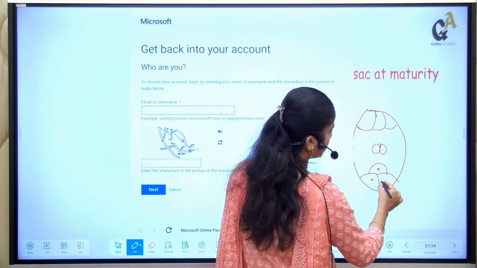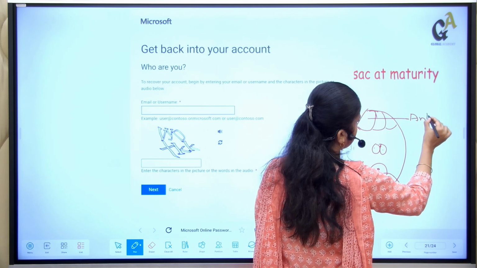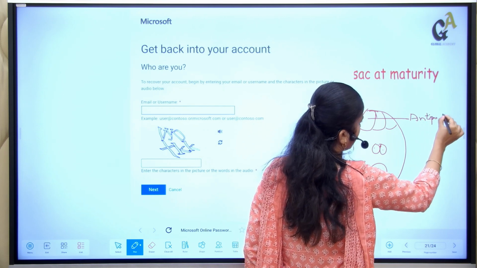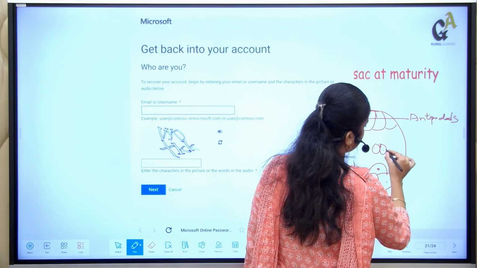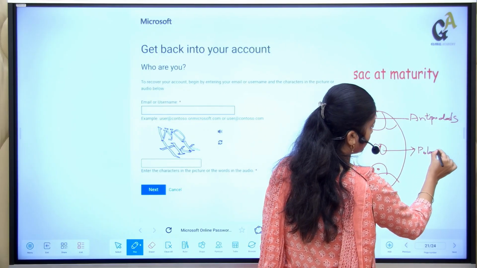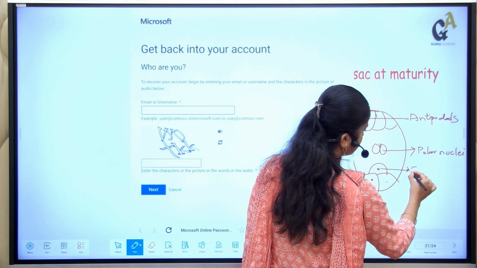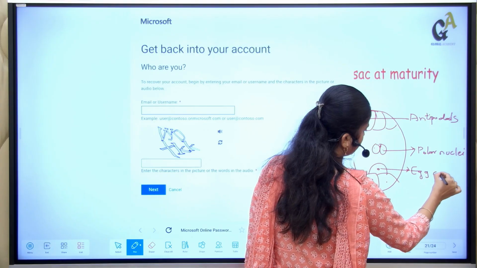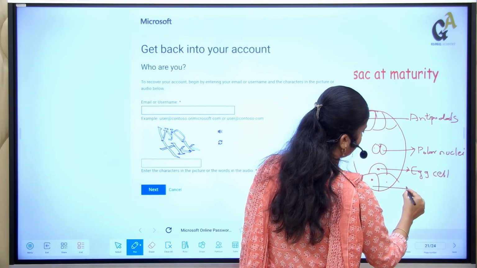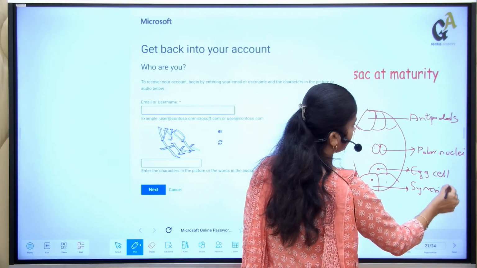Three are antipodals here. One pair will be the polar nuclei. One will be the egg cell. Two will be synergids. So let us calculate this number.